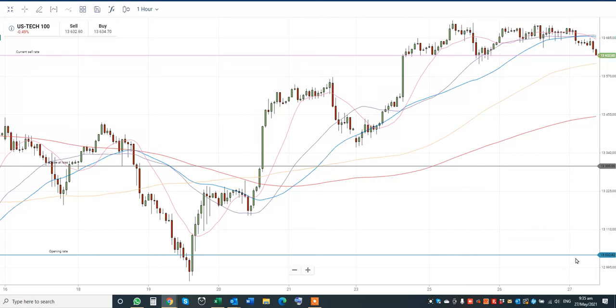So we're still above our opening price. I've moved the stop loss to here so that if the price does plunge, we still make a profit. When we first opened the trade, the stop loss was below the opening rate of the trade, but now we've moved it up in case the price does decide to plunge.